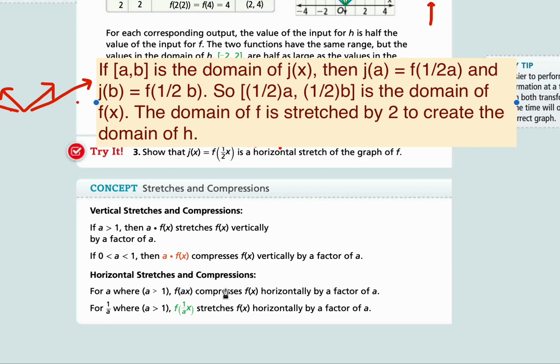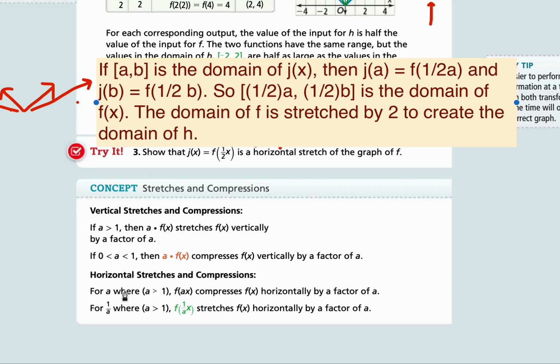So for stretches and compressions, your factor that you're multiplying should be all positive, okay? Negative means different transformation. It means reflection. We looked at that, right? So yeah, negative is reflection. But the multiplication of a factor is always stretch and compression. So if you are multiplying by a negative number, then you have 2 transformations. So you should break that down into 2 parts. One should be a stretch or compression. The other should be a reflection.